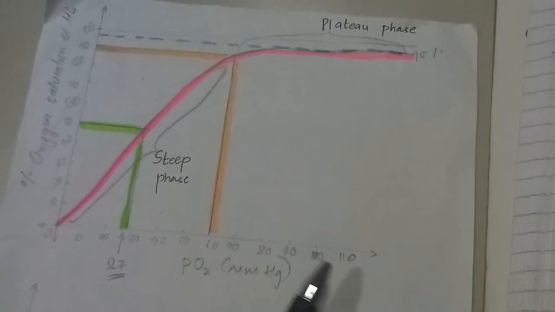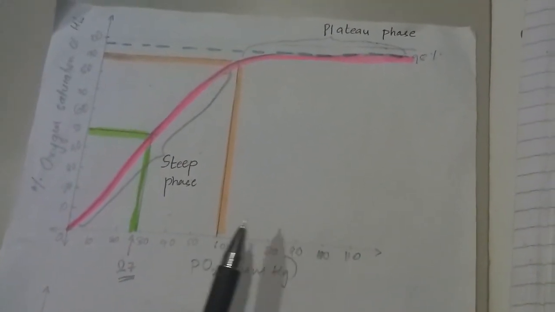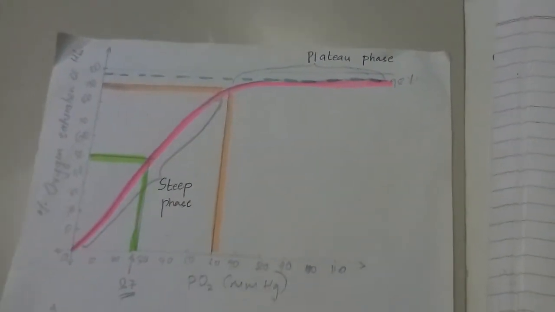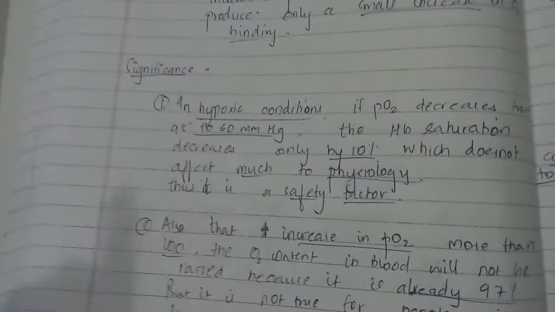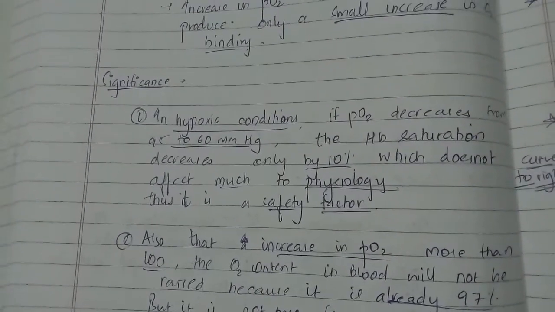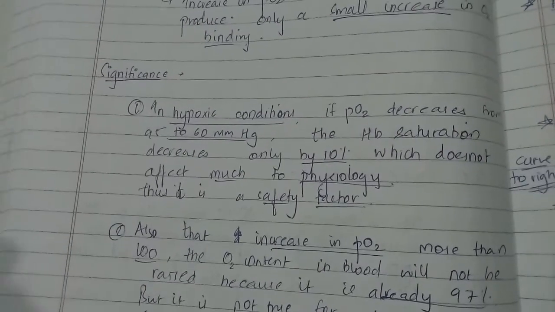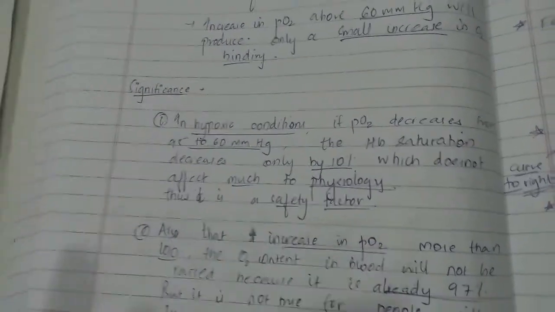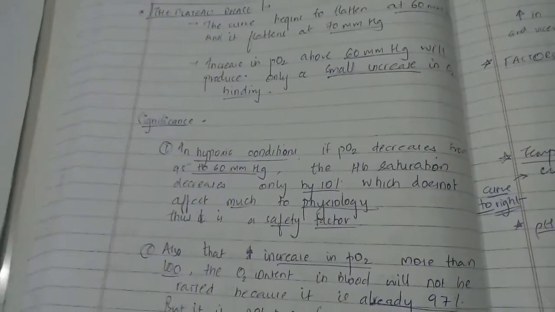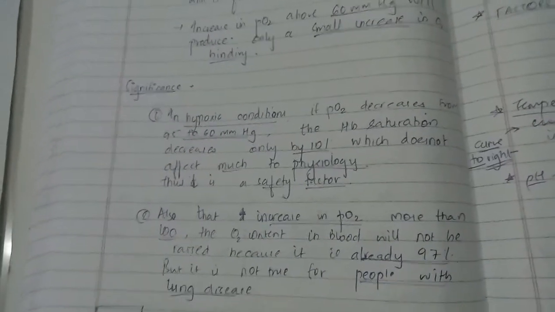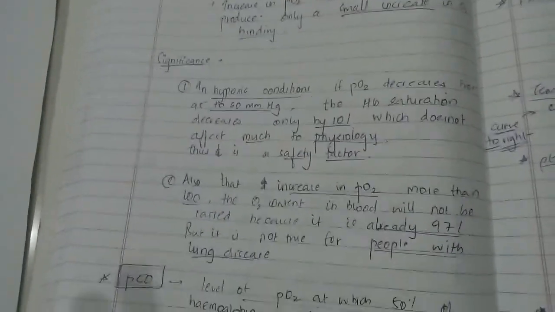So if the PO2 in the lungs decreases from 95 to 60, the percentage saturation remains almost constant. This is a kind of safety factor, right? The Hb saturation is not going to be affected much.